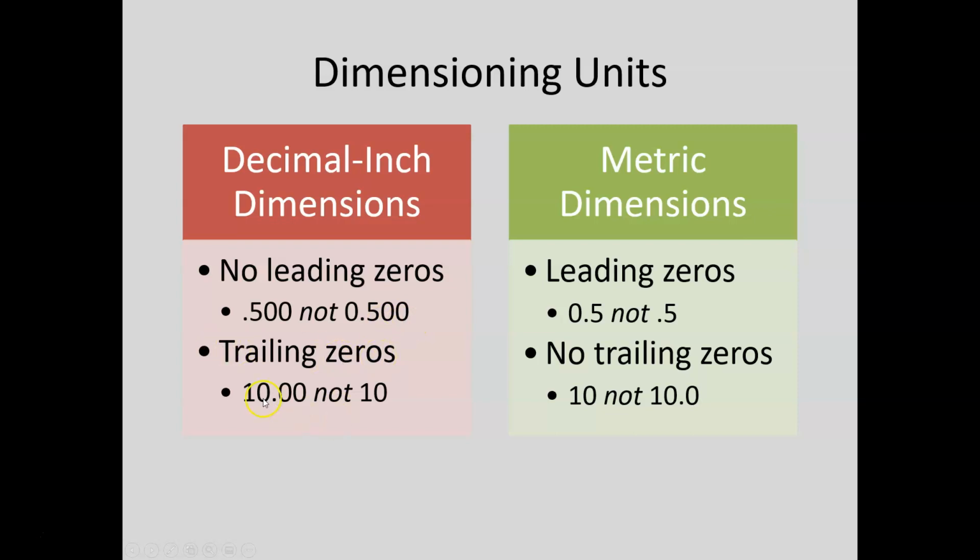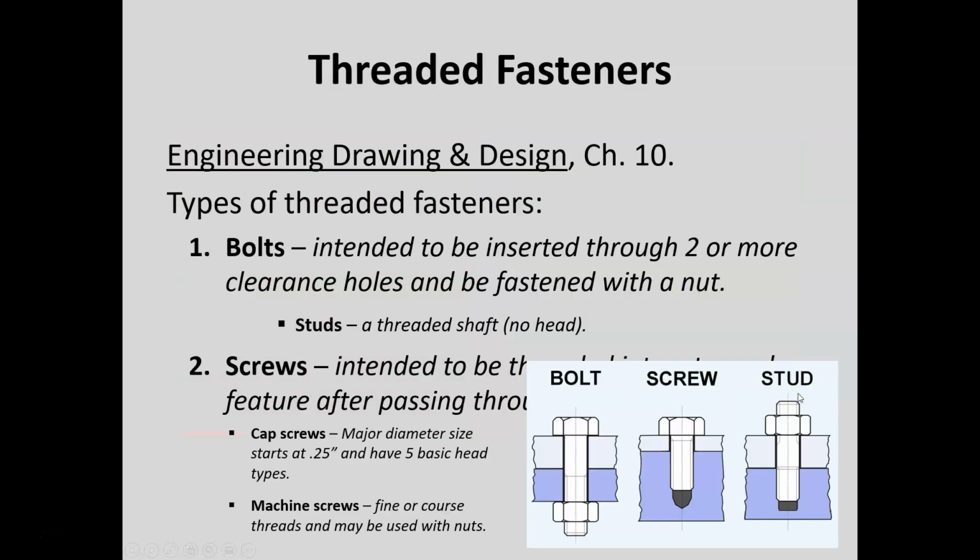Trailing zeros, we include 2 trailing zeros. So 10.00, not 10. For metric dimensions, the opposite. Leading zeros, yes, we include a leading zero right there. No trailing zeros. So 10, not 10.0. I'm kind of covering up that. I'm sorry. That was supposed to be animated.